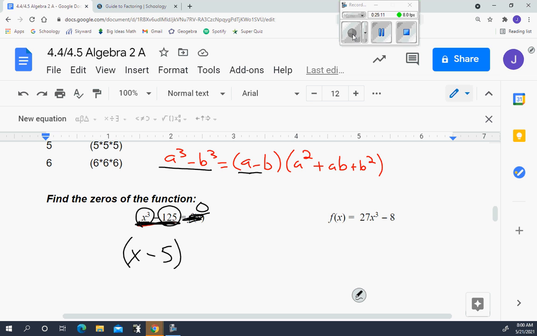I just found a minus b. Now I have to multiply that by a squared. Well, what's a squared? It's x squared plus a times b, that's all these together, 5x plus b squared. B was 5, so 5 squared is 25.